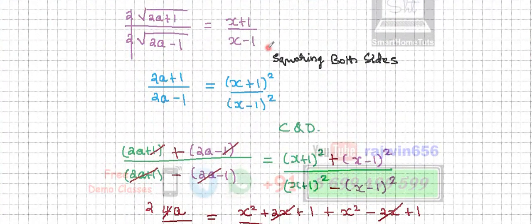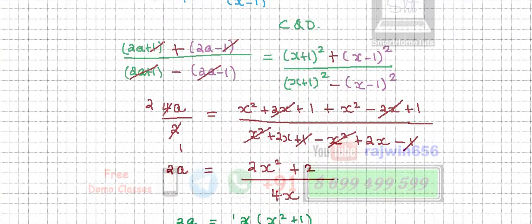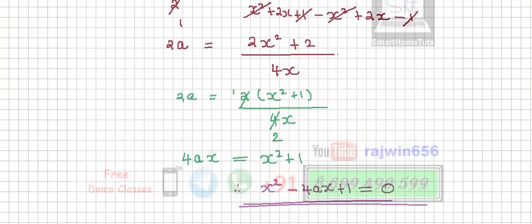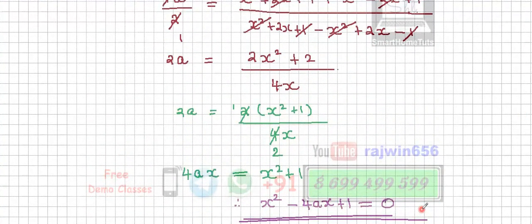I get this. We square both the sides because here root term is there on the left hand side. Here plus and minus terms are there, so again I'm applying componendo and dividendo. I'll simplify this and get what we are supposed to prove. You'll take down this. If you have any questions, you can ask me.